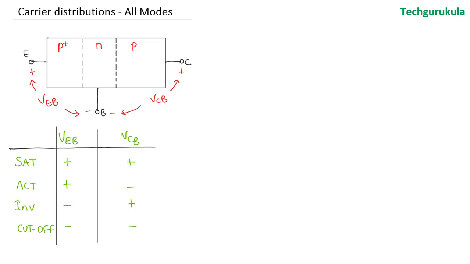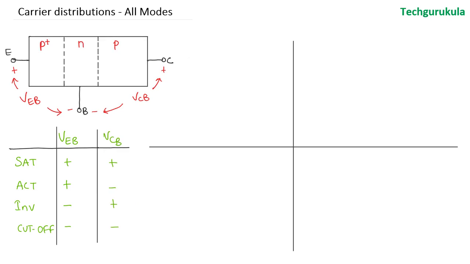Now let me take VEB and VCB as two axes and show a two-dimensional plot. We can take this axis as VEB and this one as VCB, where this side is positive, negative here, and 0 here.